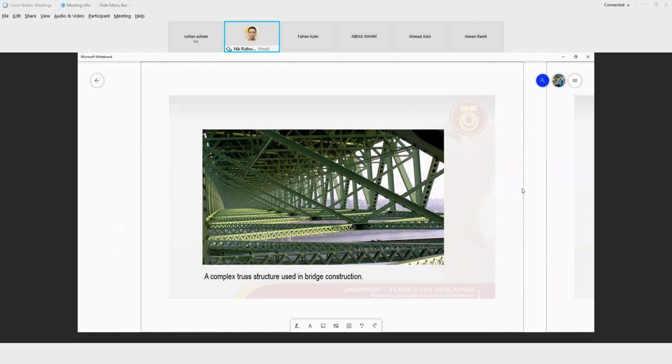Dekat sini dia panggil complex trusses because as you can see here, these small trusses, yang segitiga-segitiga kecil ni, dia dicombinekan menjadi satu macam slender members. Okay, jadi satu slender members yang besar. And then another yang dekat sini ni, to make another slender members lagi kan.